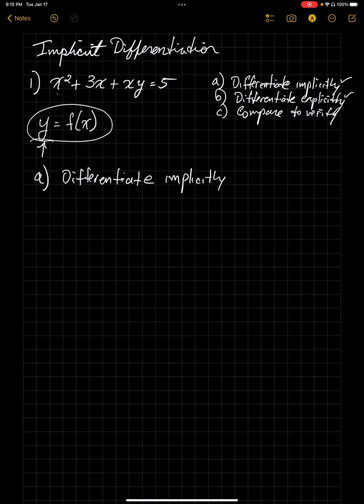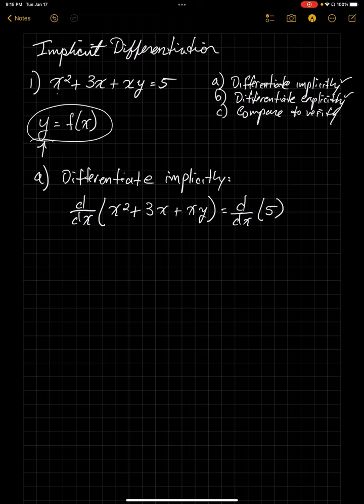So what that looks like is we'll have d by dx, our differential, of the left-hand side expression, x squared plus 3x plus xy, is equal to d by dx of the right-hand side expression, which of course is just 5.